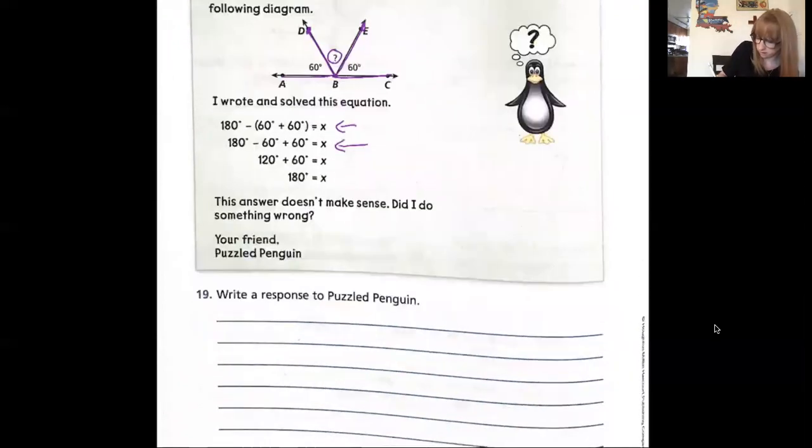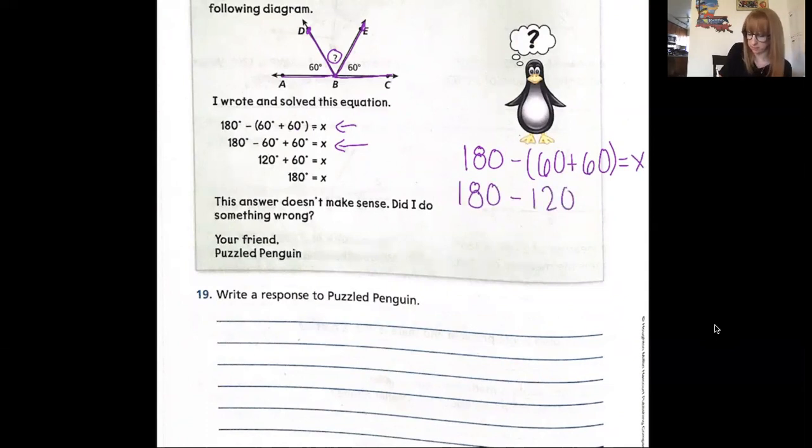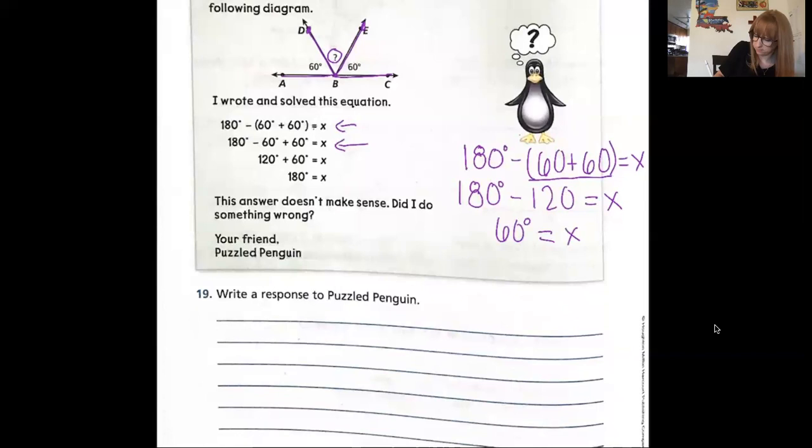We'll do it up here. 180 minus 60 plus 60 equals X. And then 180 minus 120, because 60 plus 60 is in the parentheses, we start there, equals X. And then when you subtract 120 from 180, you should get 60 degrees. And we want to make sure to include our units.